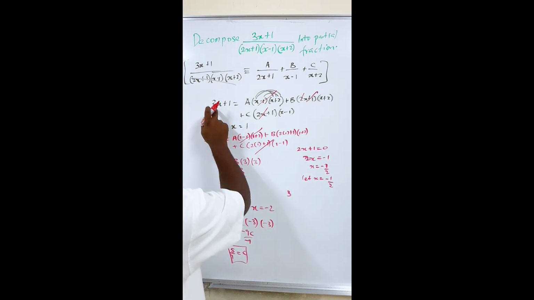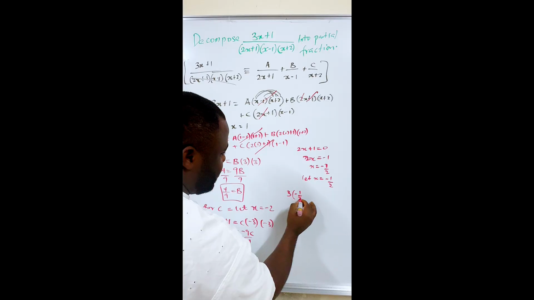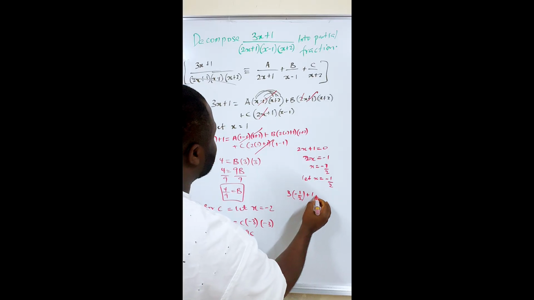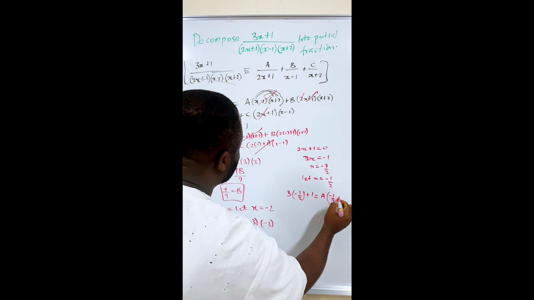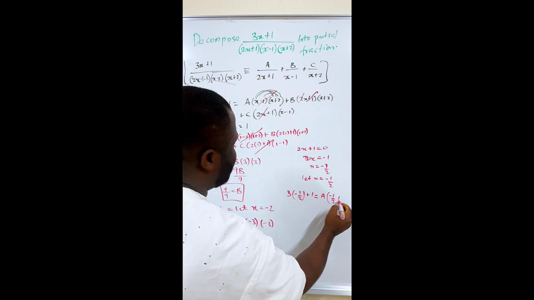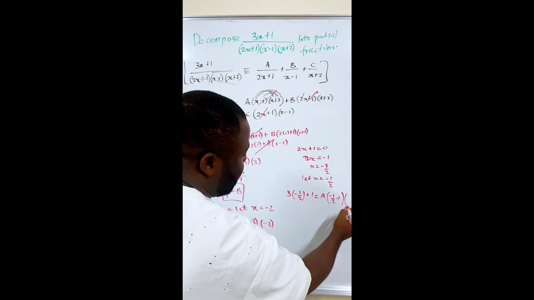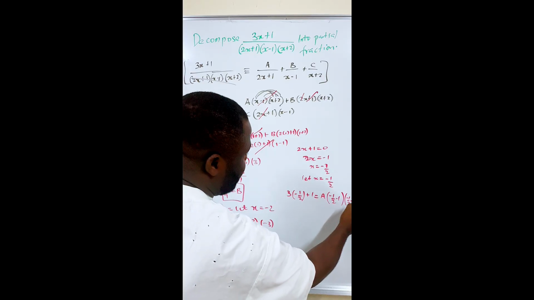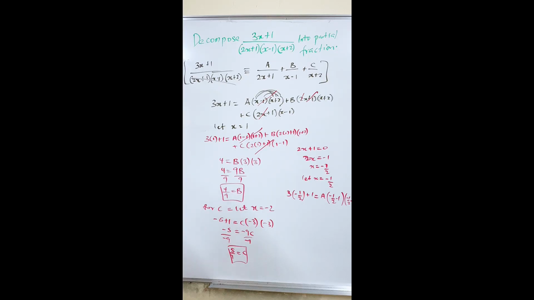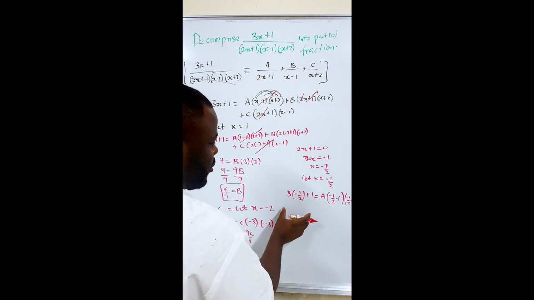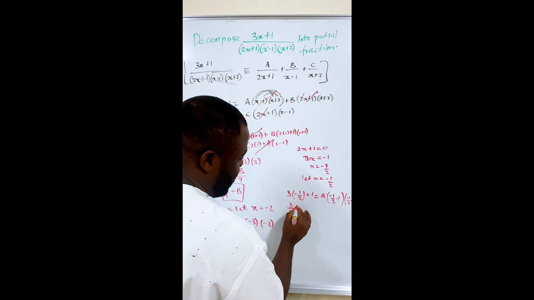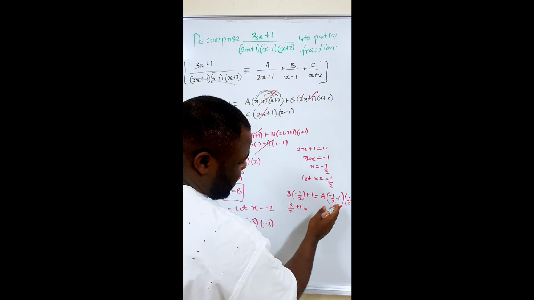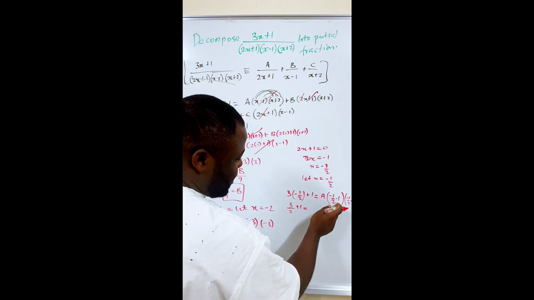for a, we now have 3 times negative 1 over 2, then plus 1 equals a multiplied by negative 1 over 2 minus 1, then multiplied by negative 1 over 2 plus 2. Don't know if you can see it. Okay. So basically, if we do this it is going to give us 3 over 2 plus 1 equals a times, this multiplied by this is going to give us negative 2.